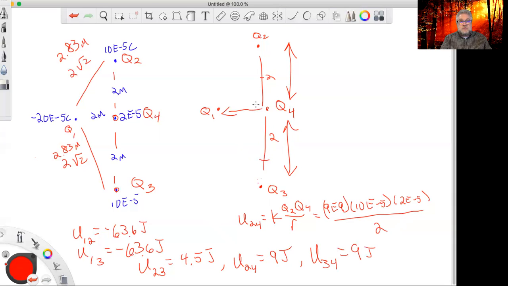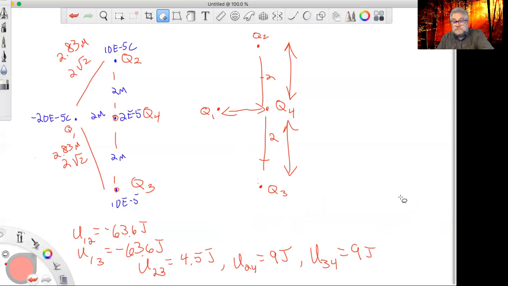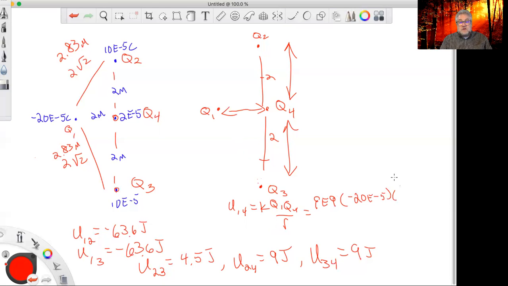Now I have to do this potential energy from that pair. And so that will be potential energy U14. So that'll be K Q1 Q4 over R, which is going to be 9 times 10 to the 9th times Q1, which is negative 20 E minus 5, Q4, which is 2 times 10 to the negative 5th, all over 2.